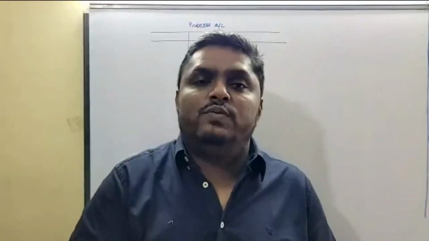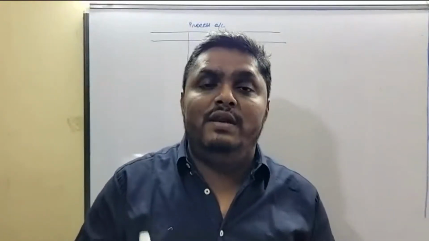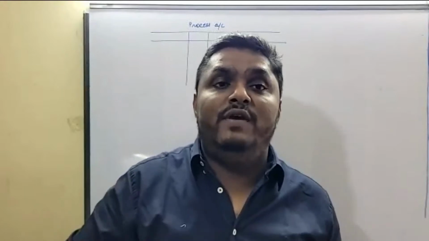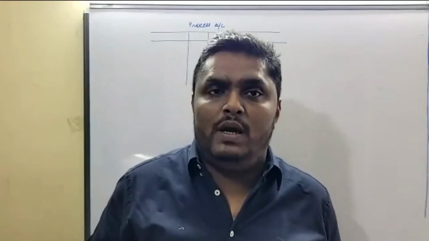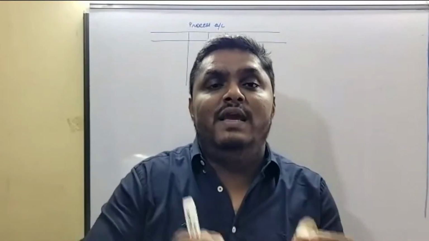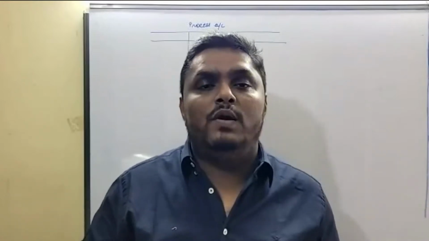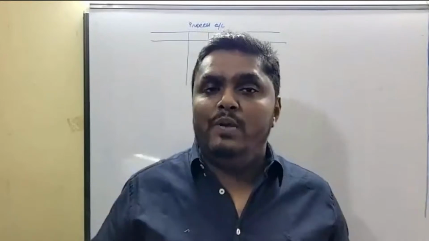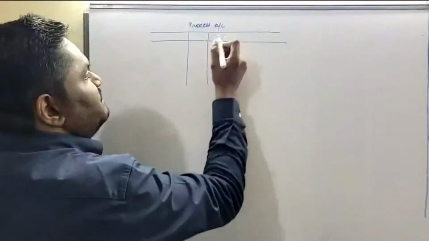The first question we discussed in this session was a very basic question wherein no information was given as regards normal loss. Now the second question, in this question itself, the information is given relating to normal loss. So now how to present the normal loss in books of accounts, let's discuss.